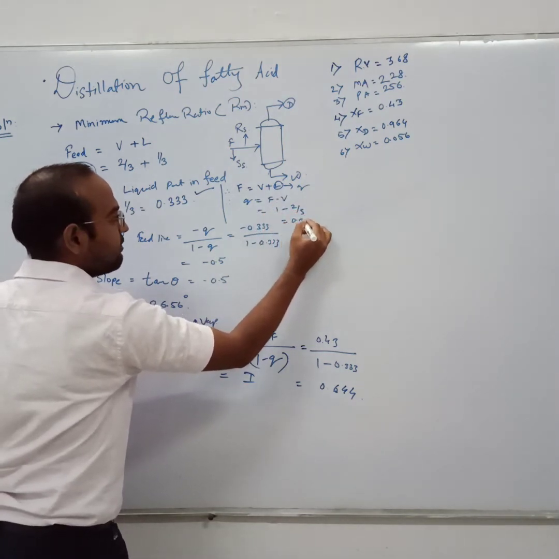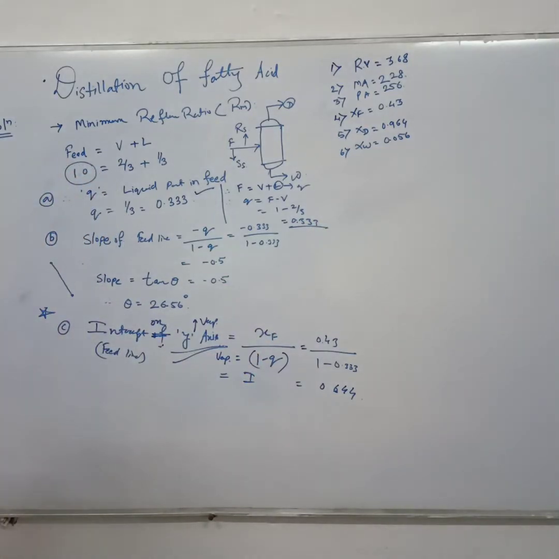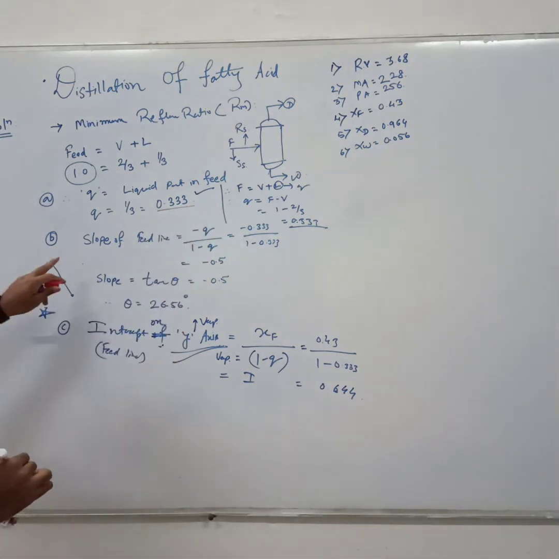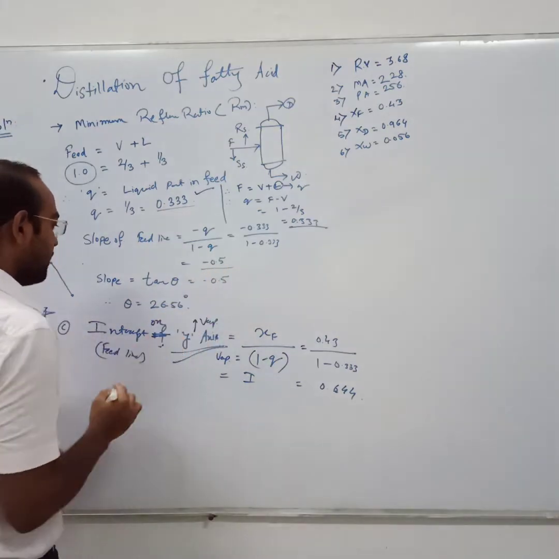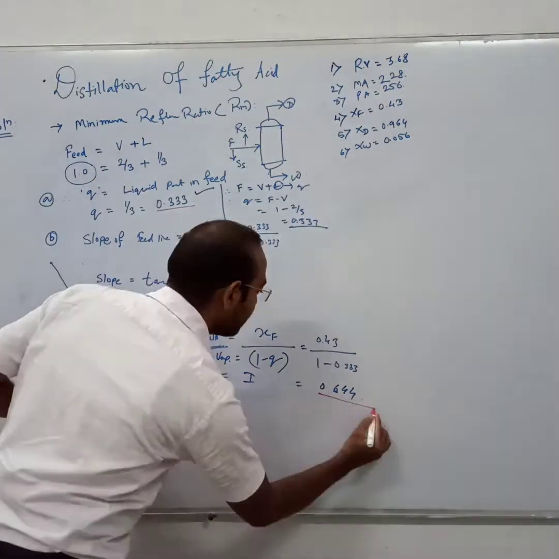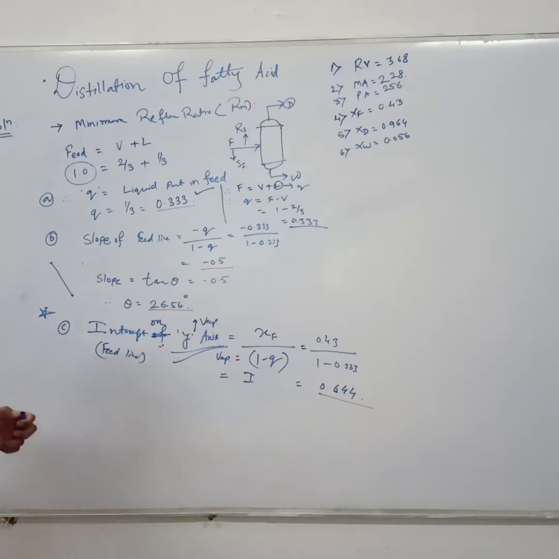You are getting again the same value of 0.333. Okay. So what are the values we are having with us? That is Q 0.333, first thing. Slope of line minus 0.5, theta 26.56, and the most important factor, intercept. Intercept of our feed line on y-axis 0.644.